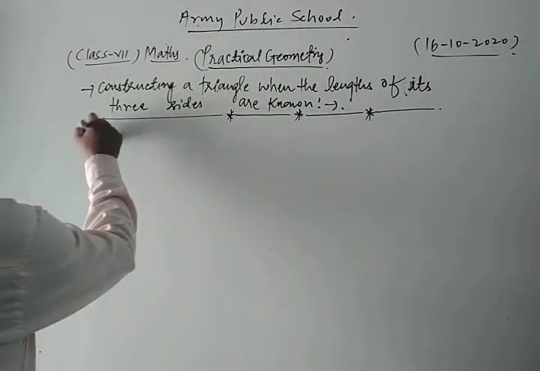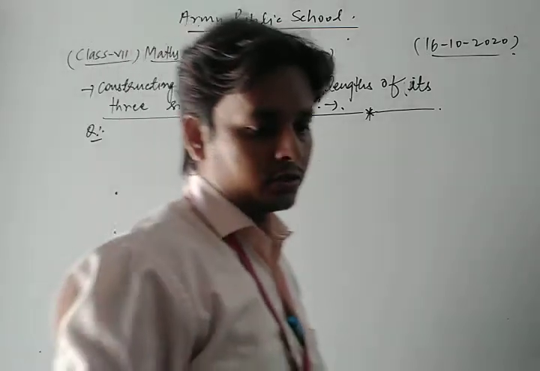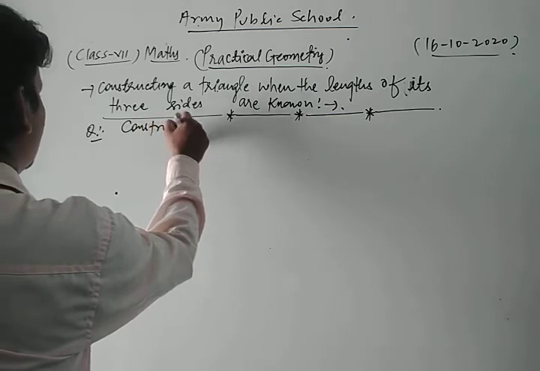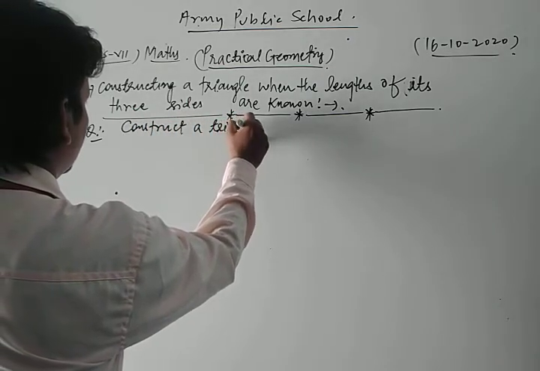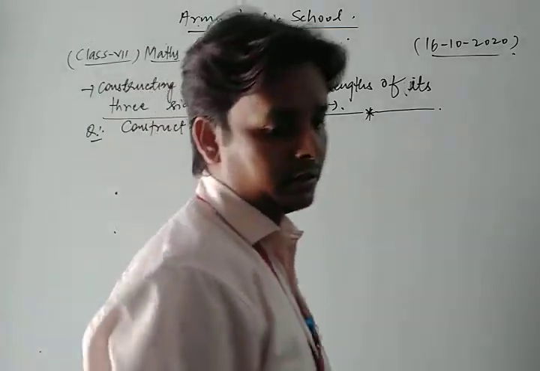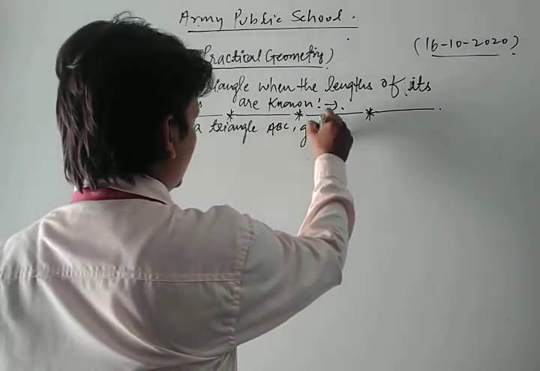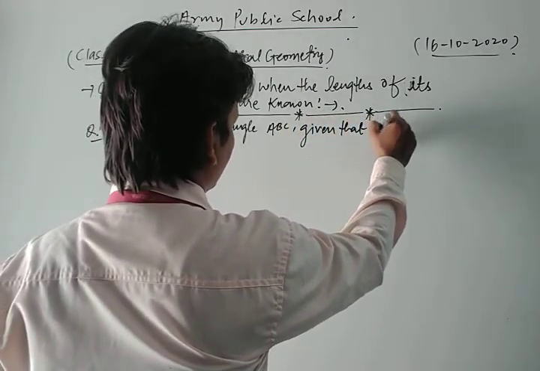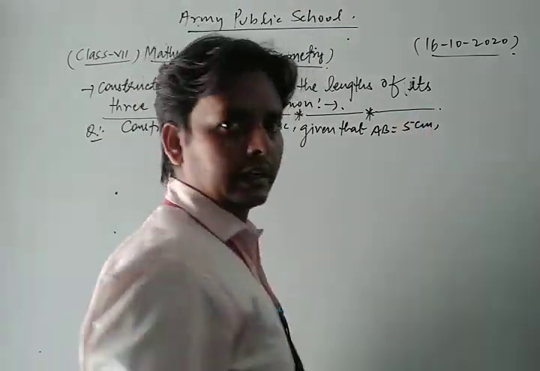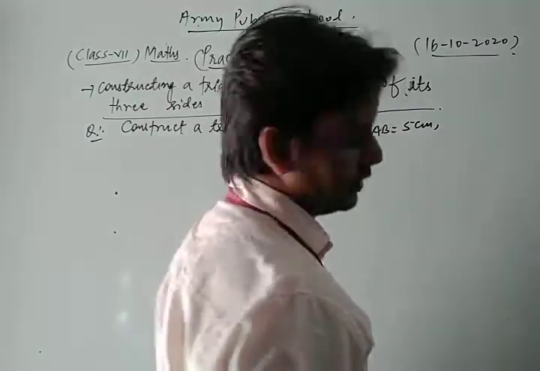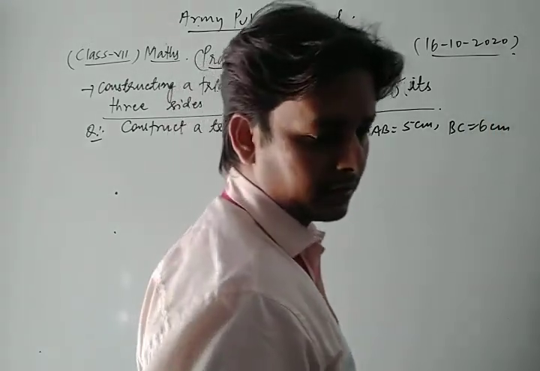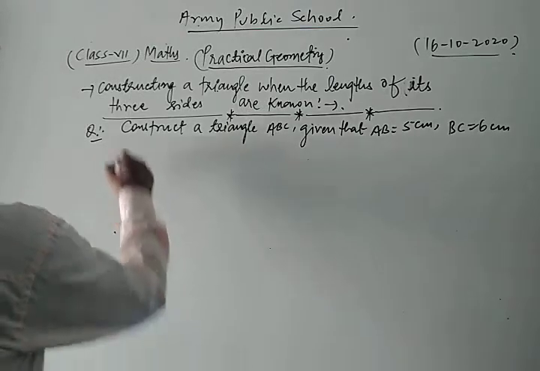The question is: construct a triangle ABC, given that AB is equal to 5 centimeter, BC is equal to 6 centimeter, and AC is equal to 7 centimeter.